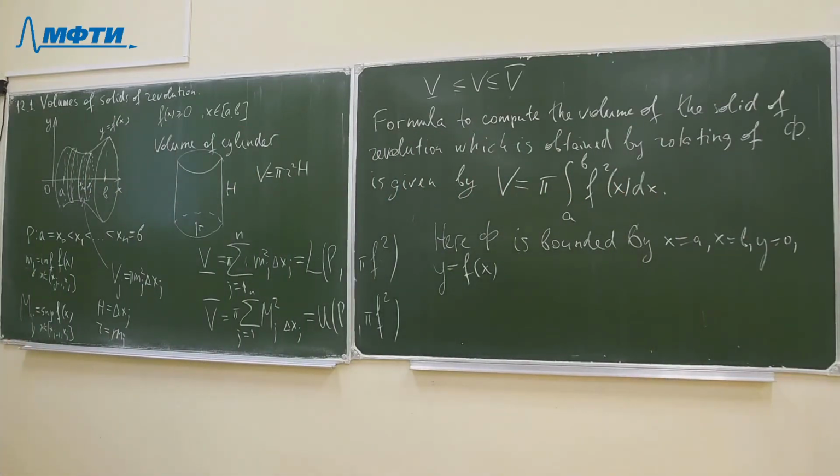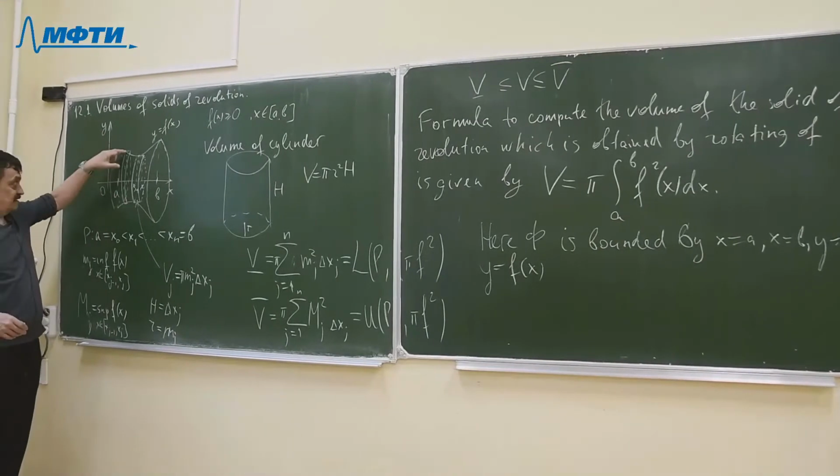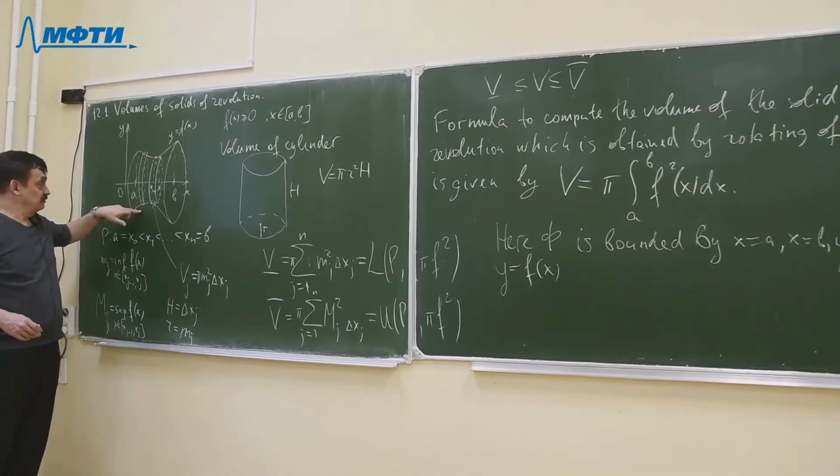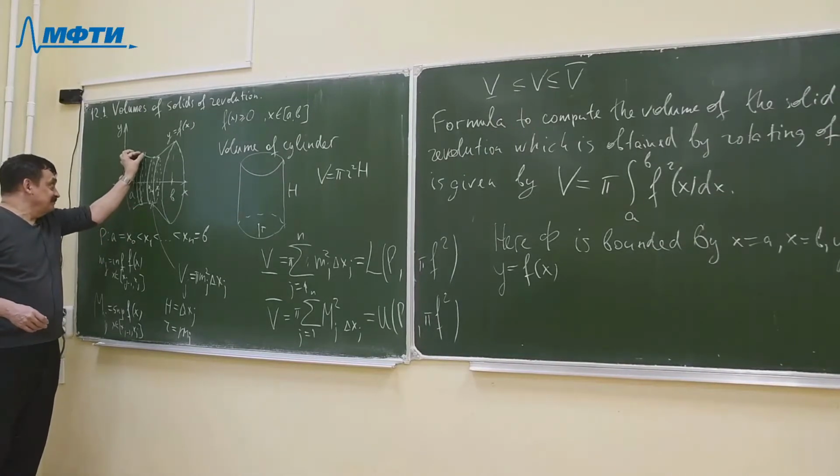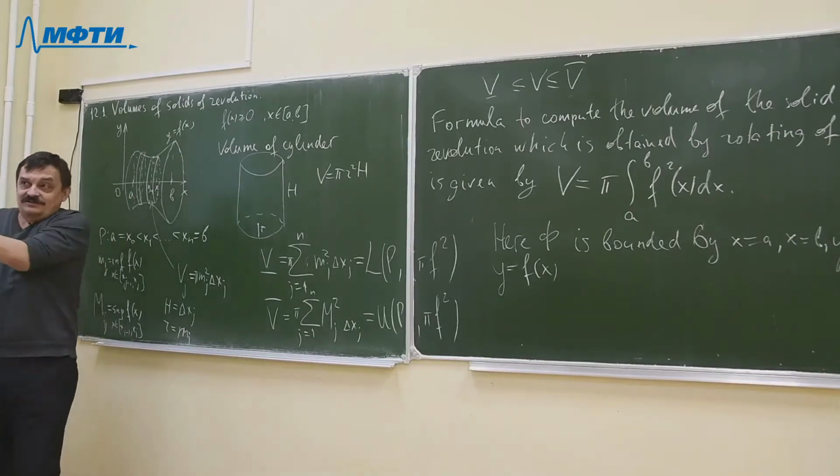Shouldn't the second cylinder be the biggest cylinder that we can have? What does the biggest cylinder that we can have mean? It is not the biggest, but this second figure is bigger, not one cylinder, but all those thin cylinders together.